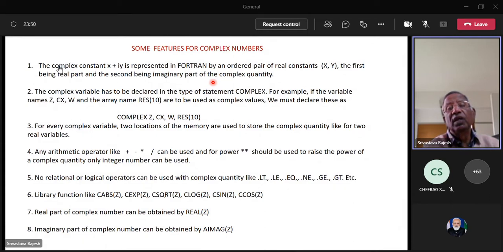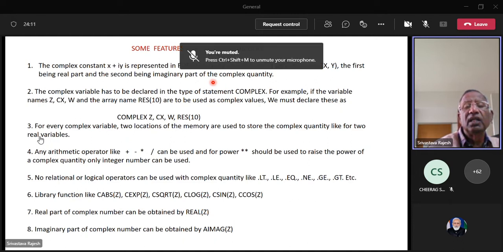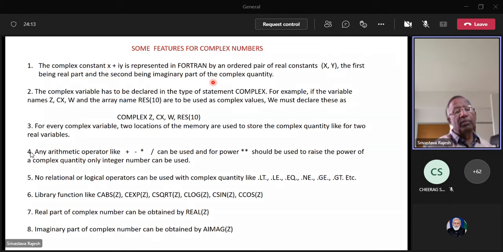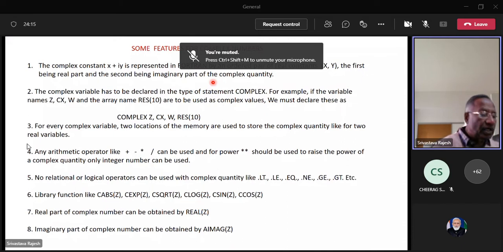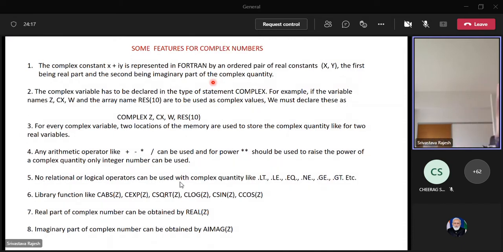Like if you want to define a complex quantity, it will take double the storage, like a double precision. But here it puts the real part separately and the imaginary part separately. So it will require two.